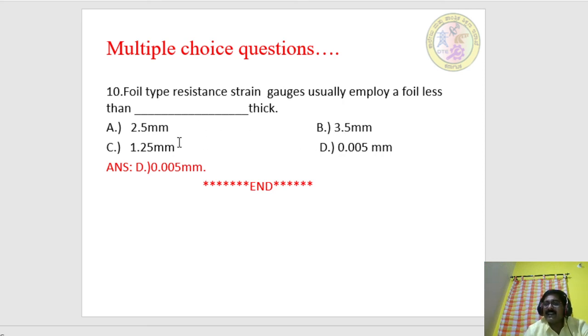I have discussed very clearly that the foil type resistance strain gauge generally has a thickness of less than 1 millimeter, which you need to remember in this question. Then it will be 0.005 millimeter. If they had given two more options less than 1 millimeter, it wouldn't work out, and you should consider it as less than 1/4 of a millimeter. Okay, then answer will be D 0.005 millimeter.